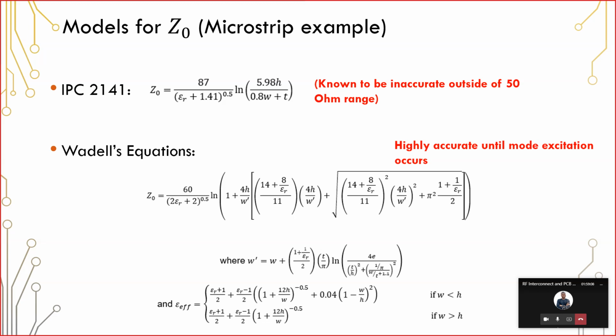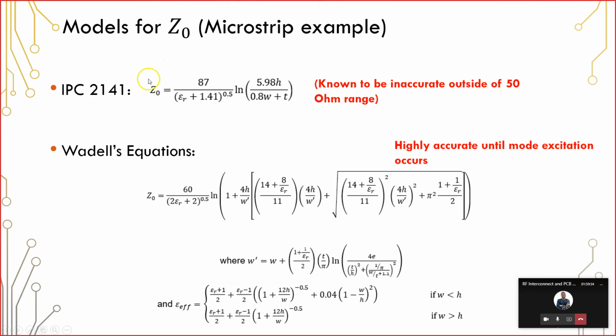The first source for some of these impedance formulas is the IPC 2141 formula. This particular formula was developed using data measured from many different 50 ohm transmission lines. What that means is that this particular model is only valid for 50 ohm transmission lines.